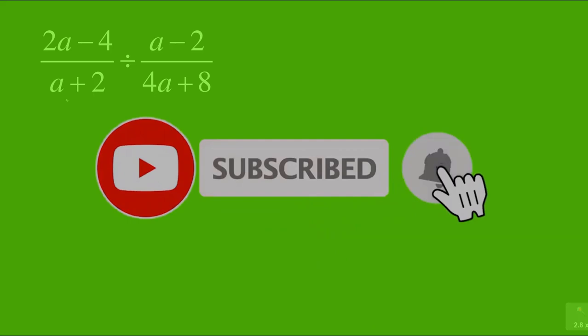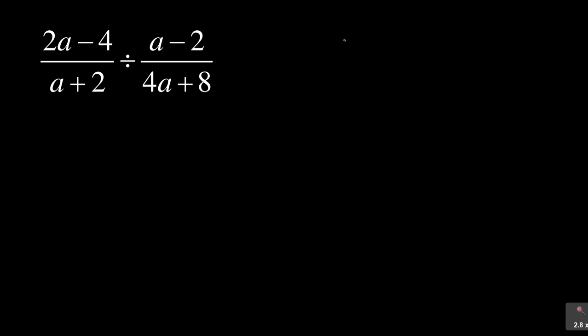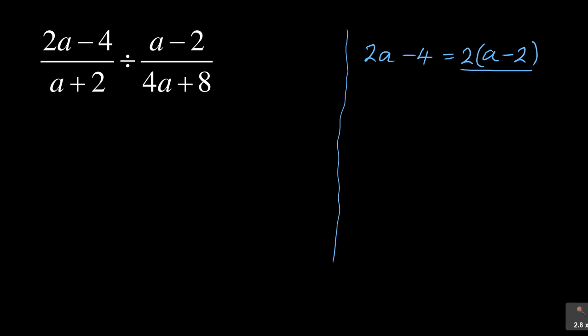The numerator is 2a minus 4, and if I factorize 2a and minus 4, 2 is common. 2 into 2a is a, and 2 into 4 is negative 2. Remember, I'm dividing both 2a and minus 4 by 2. So I get that part.